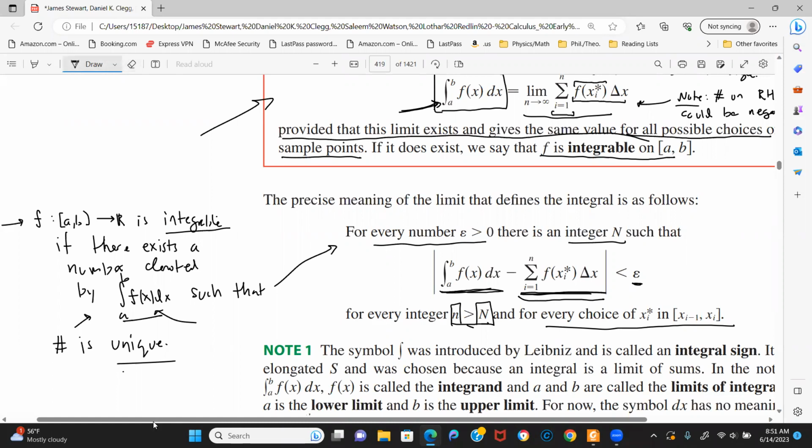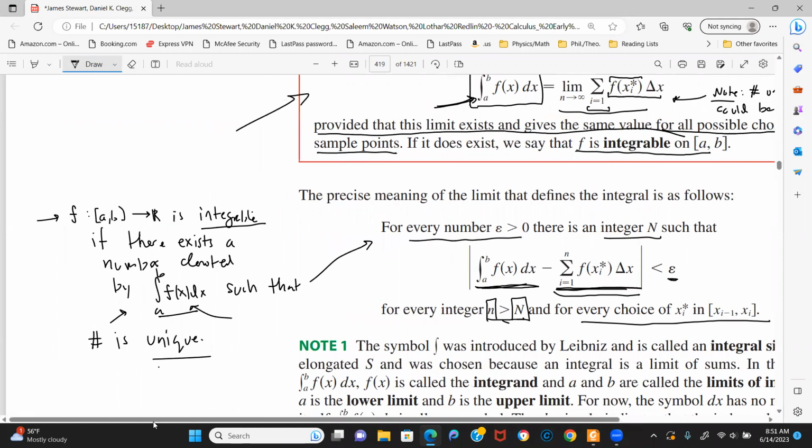So what this says, again, just to read this again, is that your function on this closed interval is integrable if there exists this number, which you denote by these symbols right here, such that it has the following property.